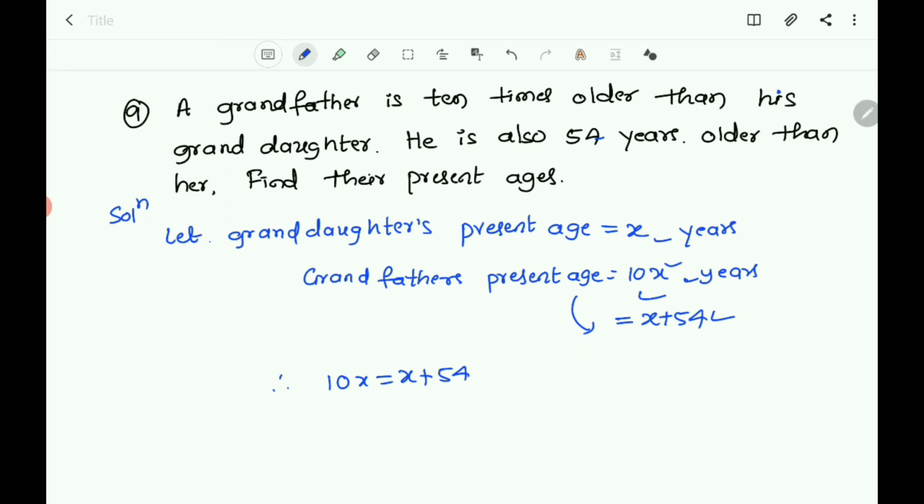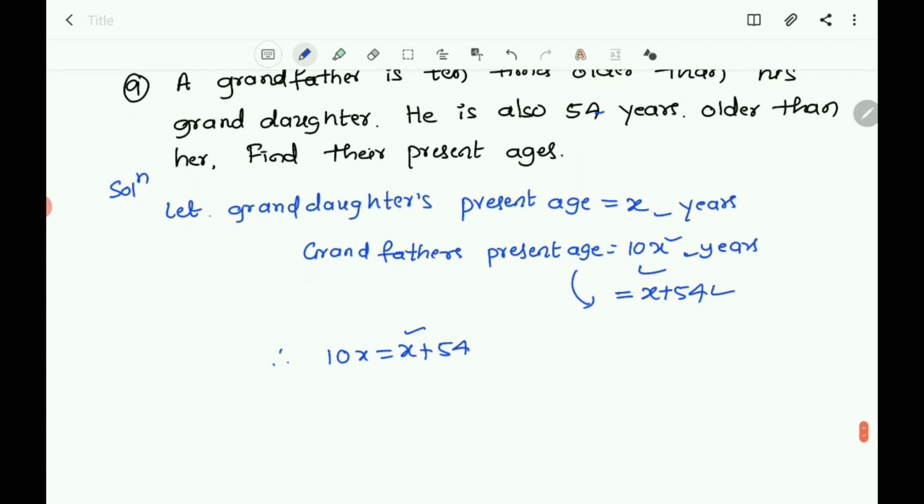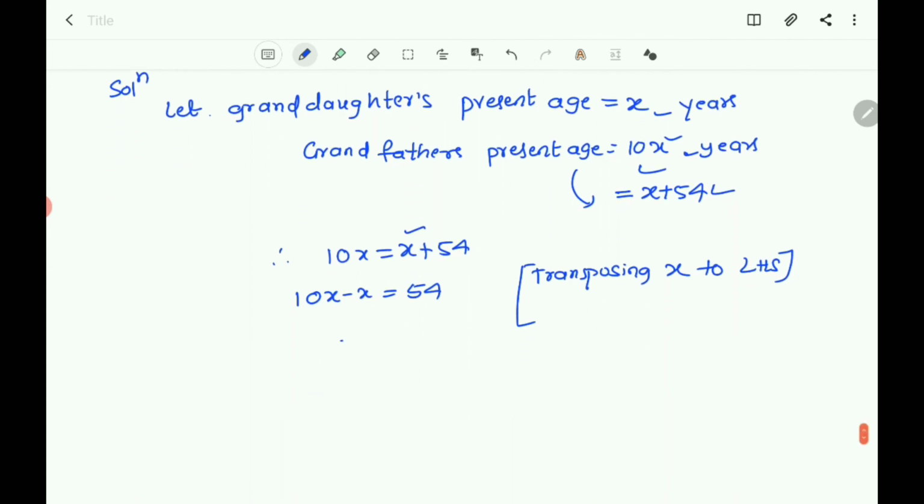So 10x equals x plus 54. Transposing x to the LHS, it becomes 10x minus x equals 54, that is 9x equals 54.